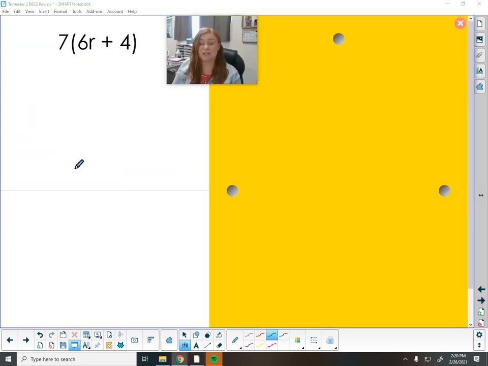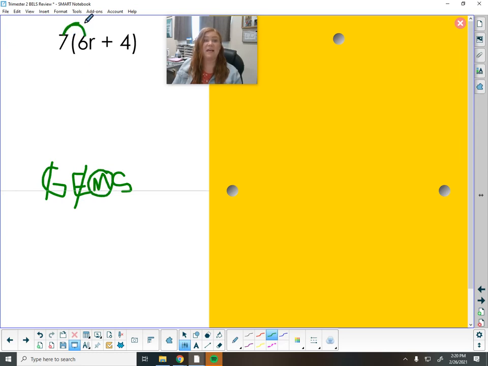Next, we're going to use the distributive property. So as we're doing this, we still need to remember to use our order of operations. Do we have any groups? Yes, but we can't combine. So groups are done. We don't have any exponents, but we do have multiplication here. We need to give.